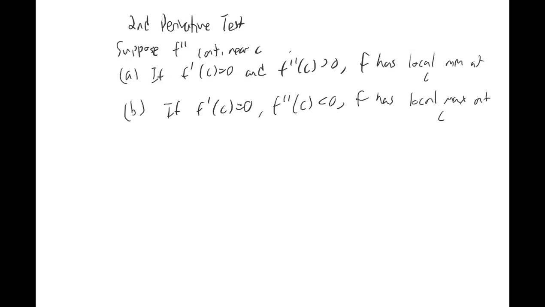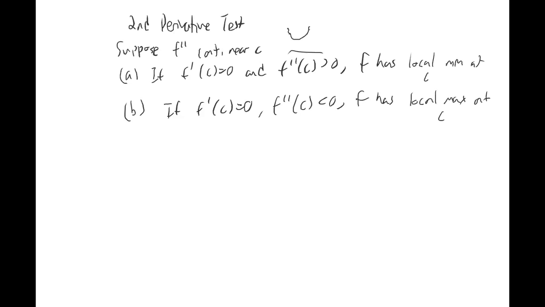So what does this tell you? The first part tells you whether we are in a happy face or frowny face, if f double prime is bigger than 0. So it looks something like this, right? Now the point could be anywhere, like here, here, here.